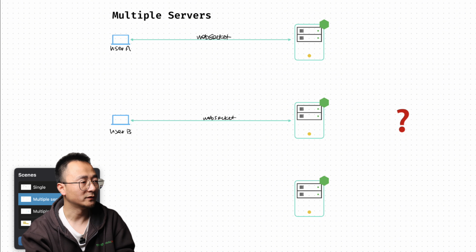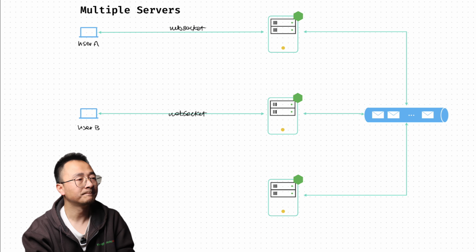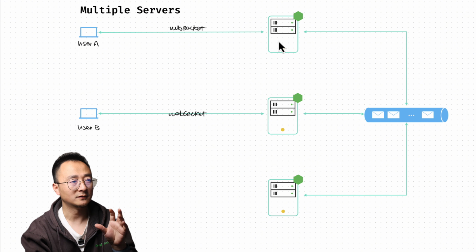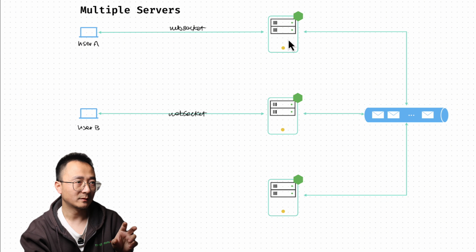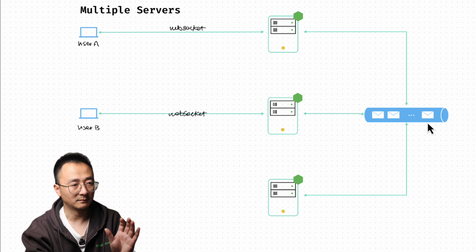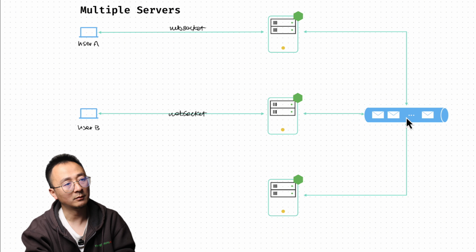So that means we will normally need to introduce a message queue. When user A moved a card, it mutates the data, and after that mutation, server A will publish an event to a more centralized message queue, and the queue will broadcast this change to all the servers.